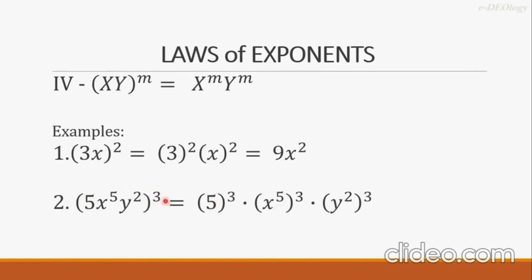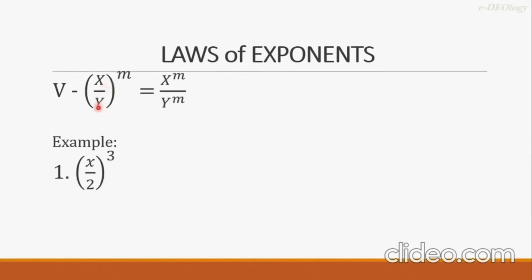Also the exponent 3 is distributed to the term y squared. And then we will simplify. So 5 cubed is 125, x raised to 5 cubed becomes x raised to 15, and y squared cubed becomes y raised to 6. So the final answer, 125 x raised to 15 y raised to 6.